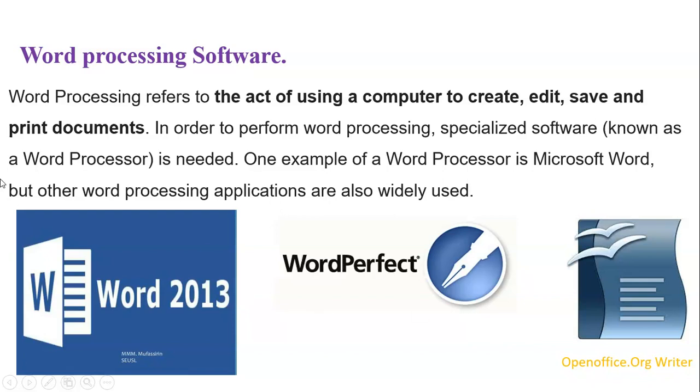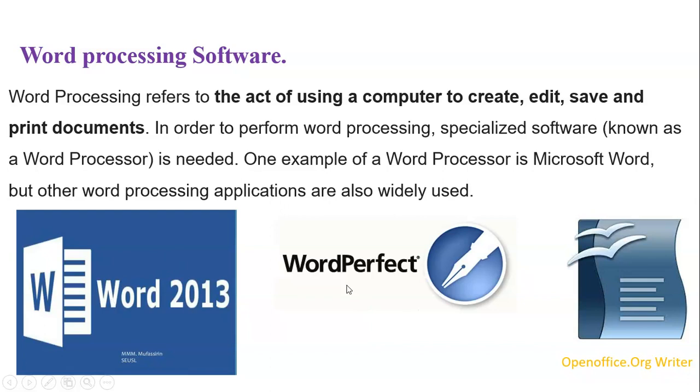So here I have shown you some examples of word processing software. In all these applications, we can use this software for creating documents like letters, stories and reports. And these can be used for creating, editing, formatting, printing text and graphics.